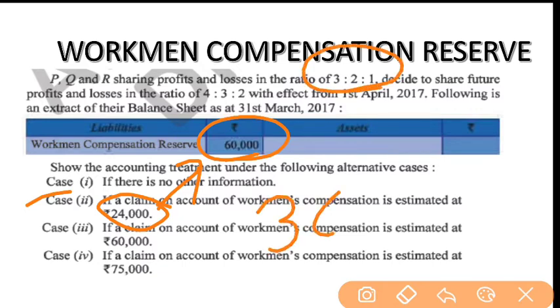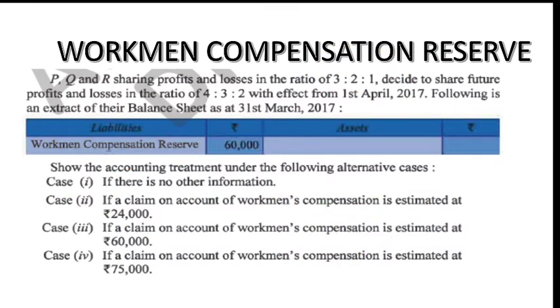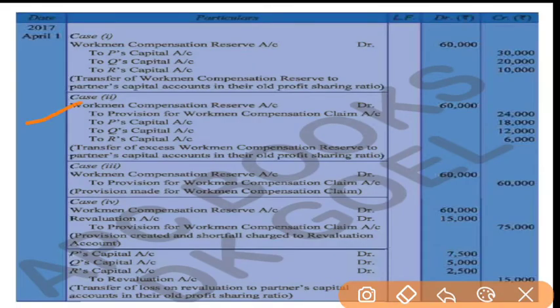What will be the remaining amount? 60,000 minus 24,000, 36,000 will be distributed among P, Q and R in their old profit sharing ratio. Like this we will do. Workers compensation reserve account debit, that is 60,000, to provision for workers compensation claim 24,000, and to P's capital, to Q's capital, to R's capital, and the remaining 36,000 will be distributed among 3 partners in their old profit sharing ratio.